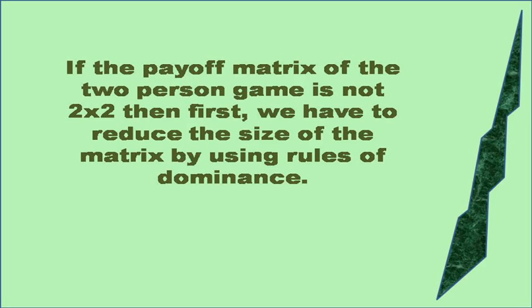If the payoff matrix of the two-person game with no saddle point is not a 2 by 2, then we have to reduce the size of the matrix by using the rules of dominance, which I am going to explain in the next few slides.